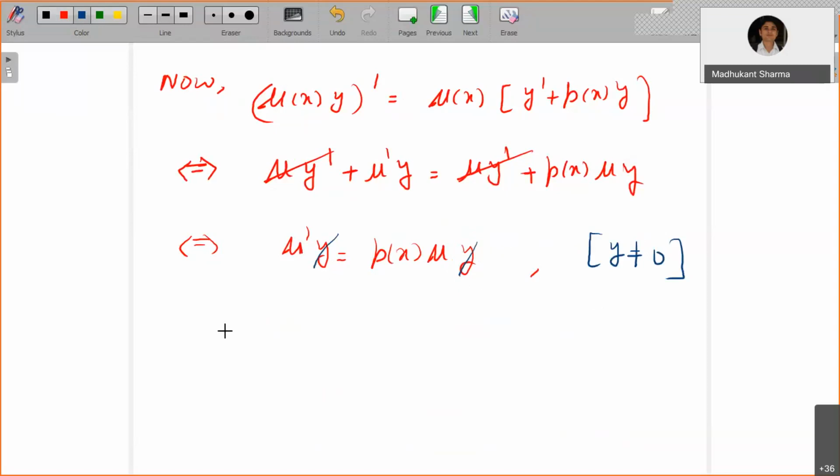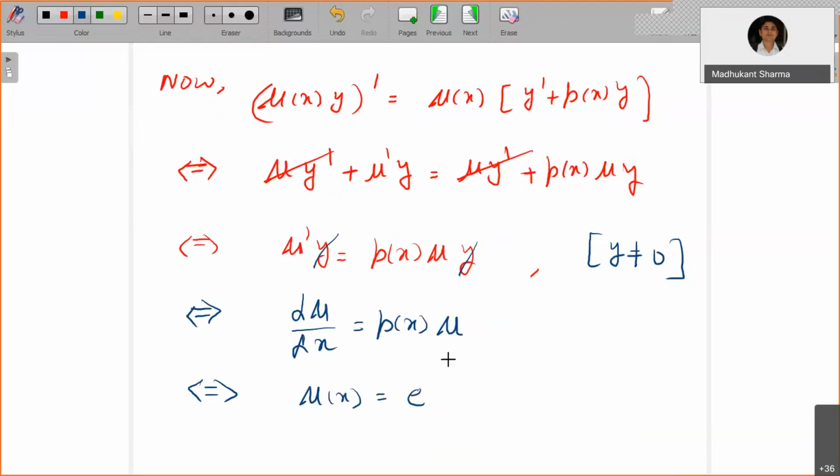Now here you can use the variable separable method. So you have d mu by dx equals p of x times mu, for which you know the solution is mu of x equals e to the power integration of p of x dx.